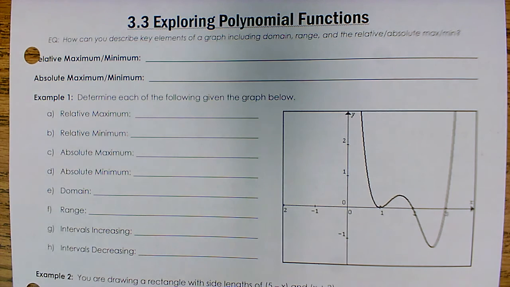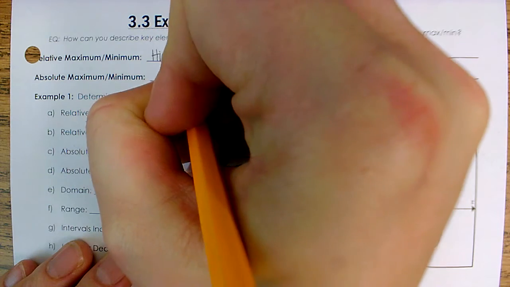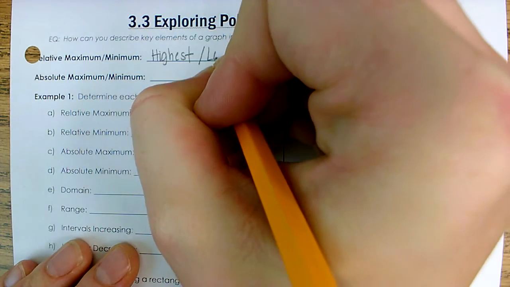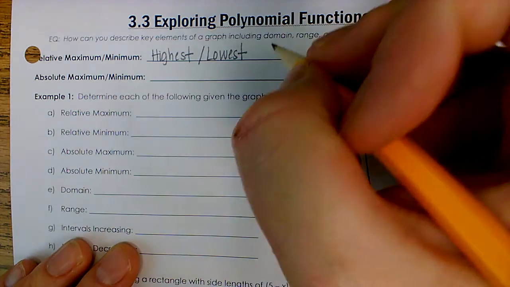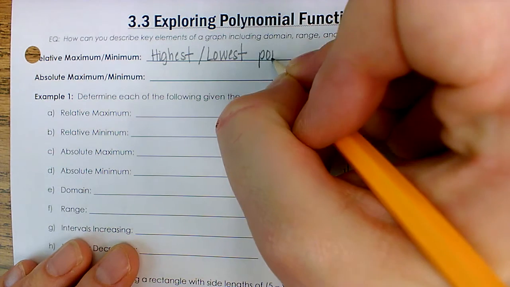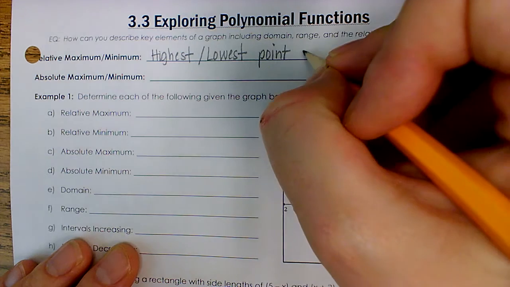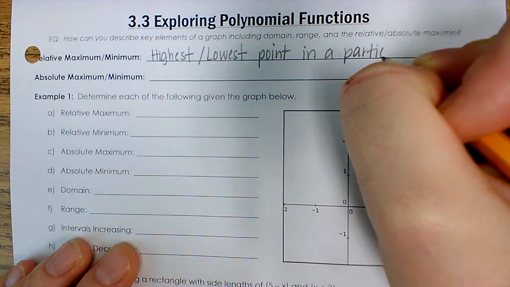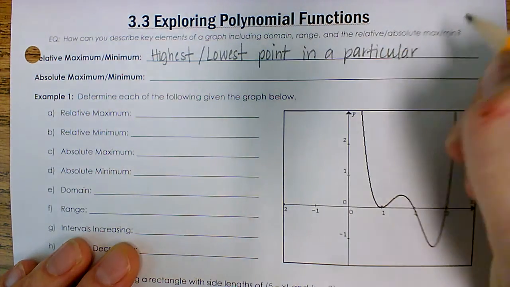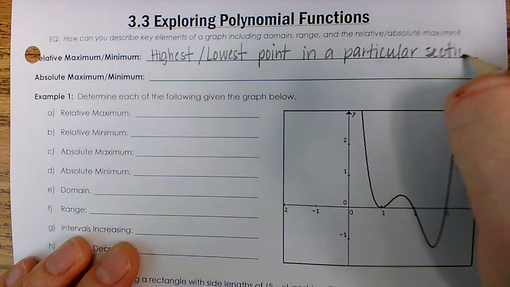So a relative maximum minimum is the highest or lowest point in a particular section of the graph. Max would be the highest, min would be the lowest. So if you're not looking at the whole picture, it's what part of it you're looking at.